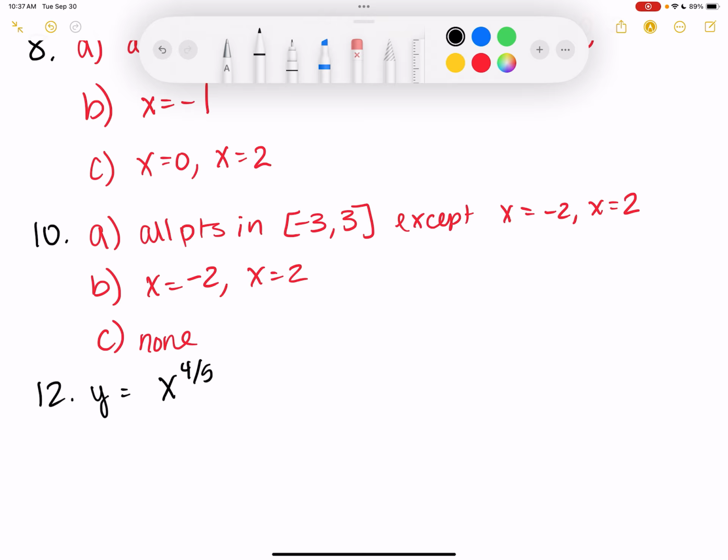And some of them, depending on how they are, we may need to adjust our window so that we can see everything. But let's see, y equals x raised to the 4/5. Zoom 6.